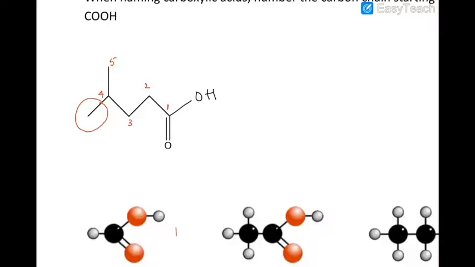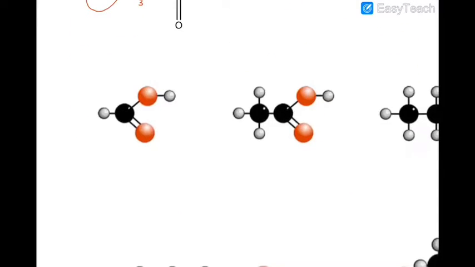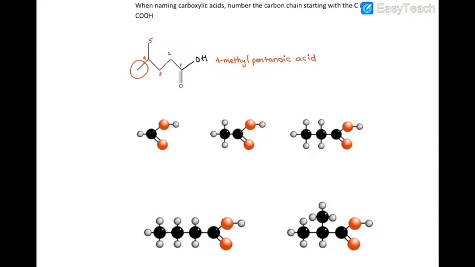It will contain 5 carbons, so pentanoic acid. And on the fourth carbon, I have a methyl side chain. So 4-methyl pentanoic acid.